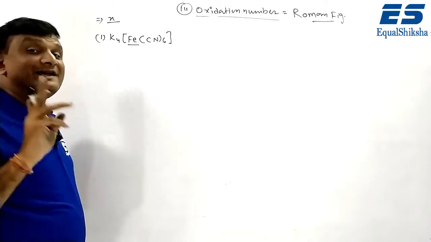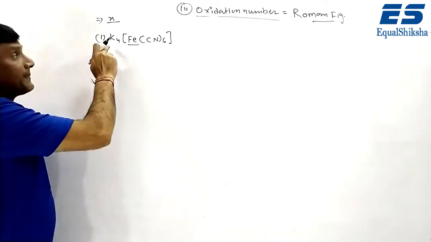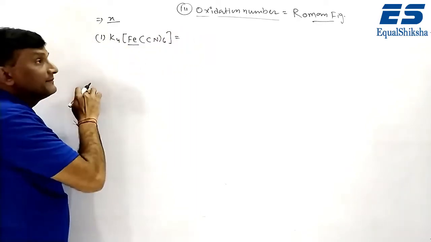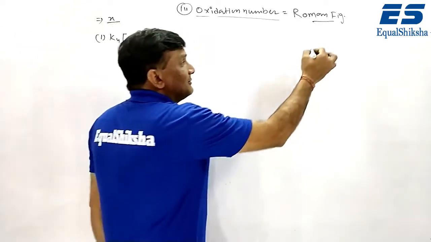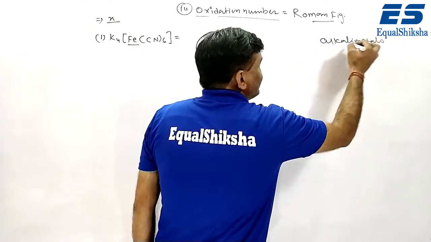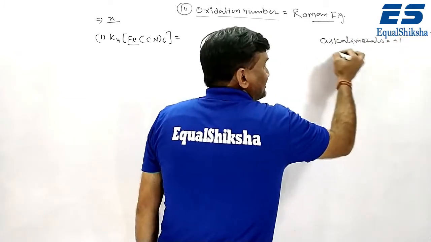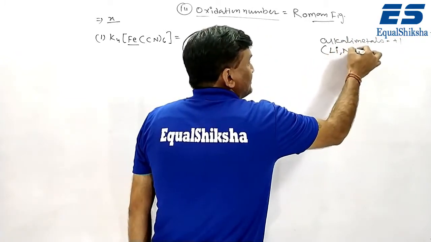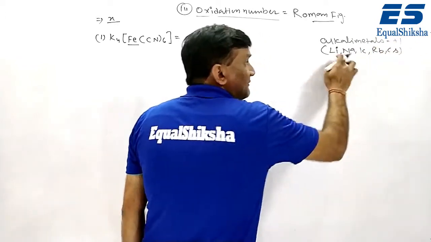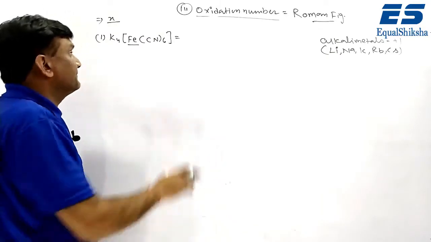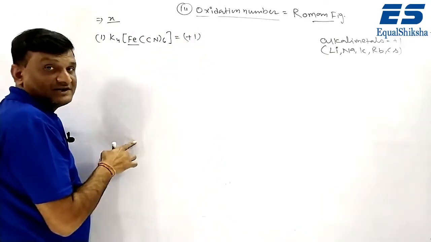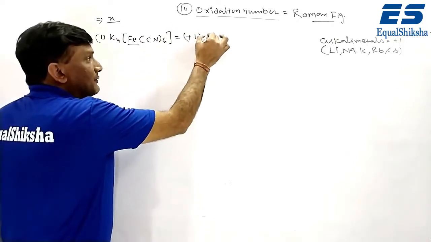How can we calculate it? K4[Fe(CN)6]. Here potassium is an alkali metal. We have discussed in the previous class that all alkali metals, lithium, sodium, potassium, rubidium, cesium, carry +1 as oxidation state. So potassium carries +1 charge, total number is 4.